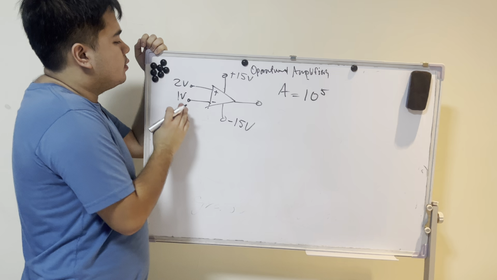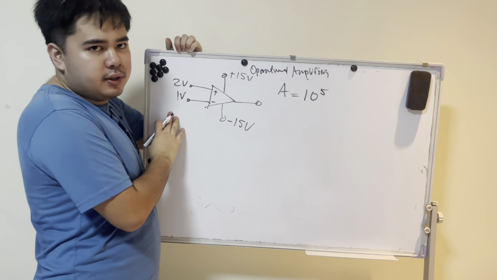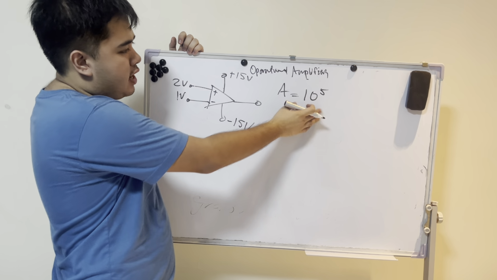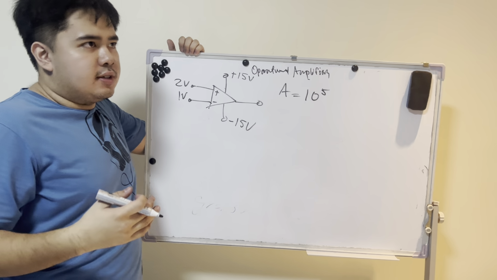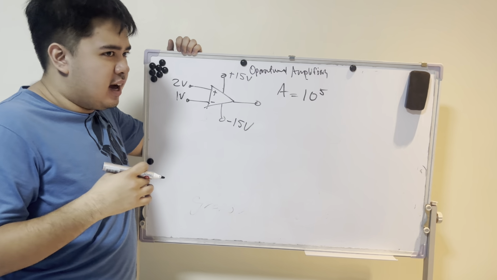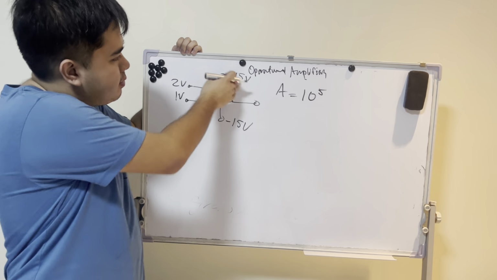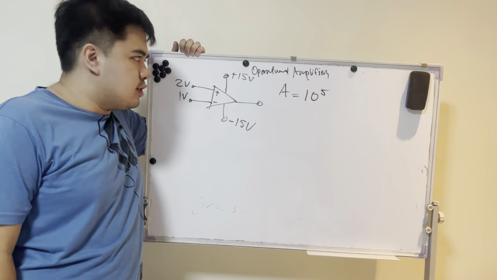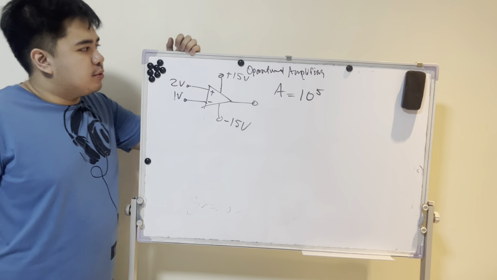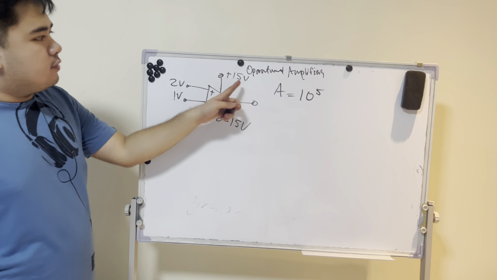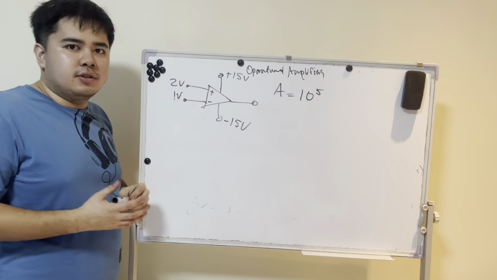So differential input is 1 volt. So the output is 100,000 times 1 volt. So that is 100 kilovolts. But it is limited by the 15 volt saturation range. So the saturation means that it only has up to 15 volts.